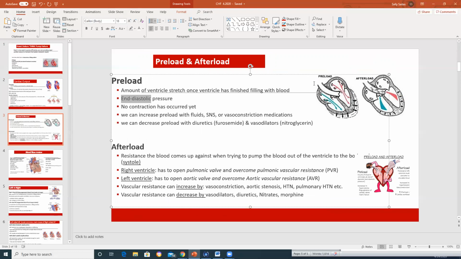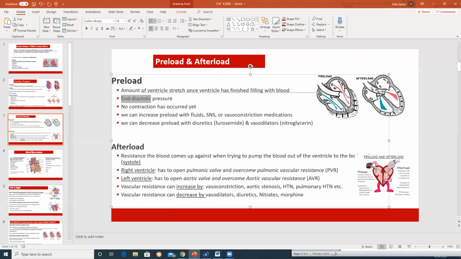Preload is when the ventricles get filled up with blood from their corresponding areas. And then the end diastolic is once the ventricle is filled up to its amount prior to contraction. So preload, no contraction has happened yet.